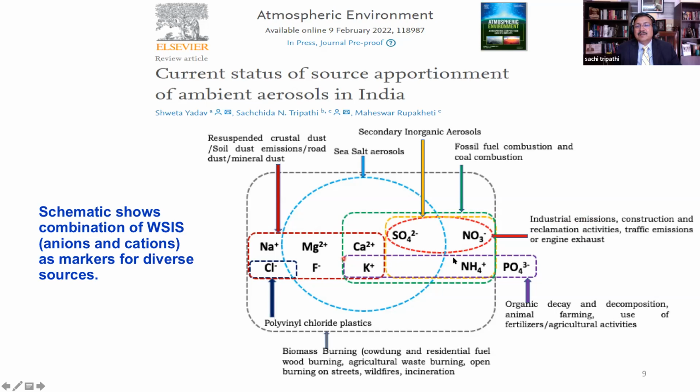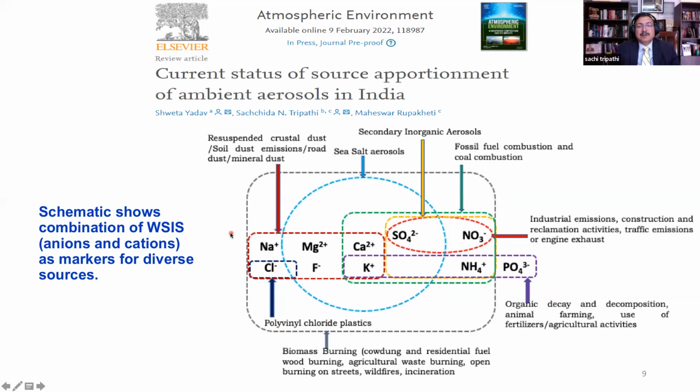And finally, this magenta or violet color shows that the presence of potassium, ammonium, and phosphate could come from organic decay and decomposition, animal farming, etc. This dark blue is only showing the presence of chlorine ion, and that can come from the use of PVCs. If you burn these PVCs, that can give rise to chlorine.